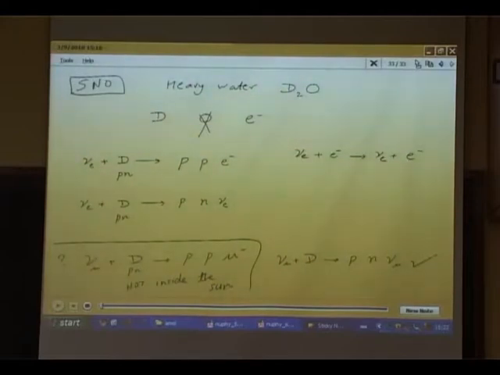Everyone agrees on this, right? It's a very crucial thing. This doesn't happen, but this happens. This is what is called a neutral current interaction, NC, simply because nu mu comes in, nu mu goes out. So this is NC, this is also NC.